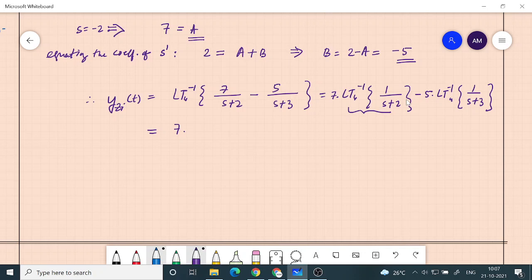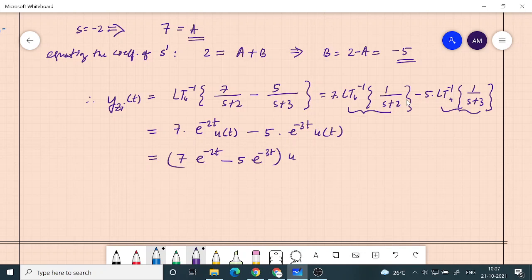That is a standard term, which is e raised to minus 2t u of t, and then minus 5 into, similarly, e raised to minus 3t u of t. So now we have got the result. If you want, you can take the common u of t outside, and write it as the entire e raised to minus terms multiplied by u of t.